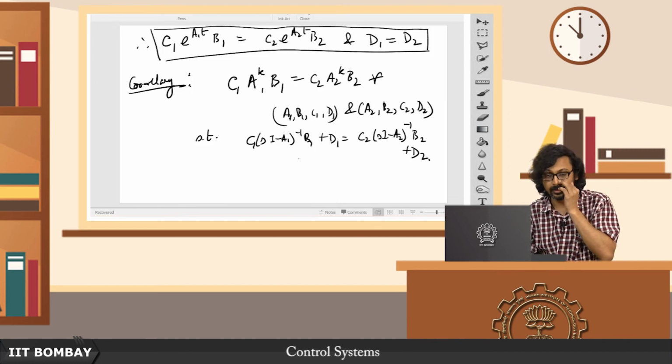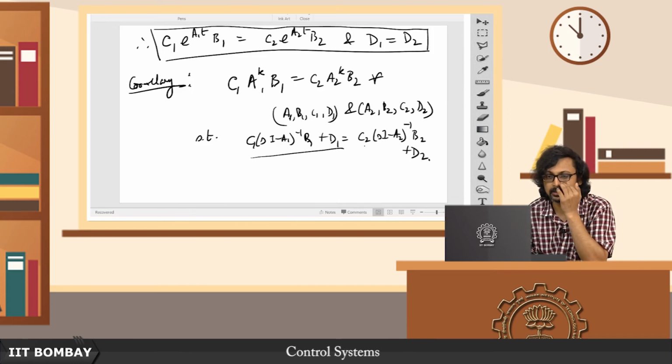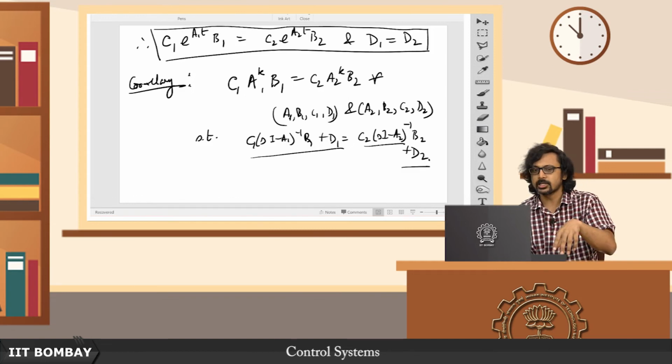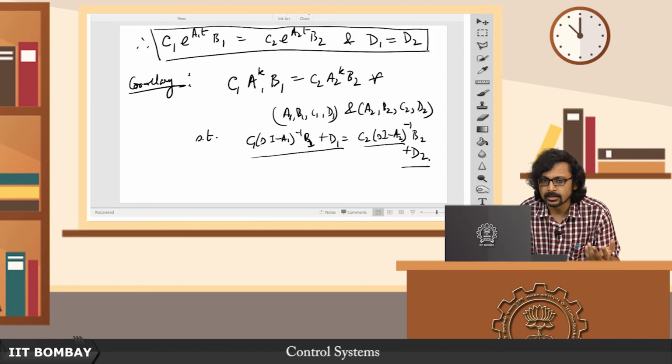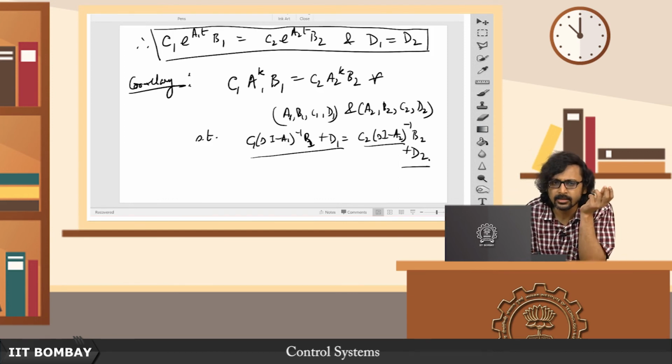So if you start with the same transfer function, if these two state space realizations, irrespective of their size, lead to the same transfer function, then these quantities must be the same.